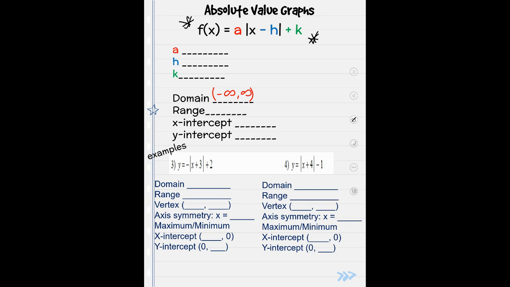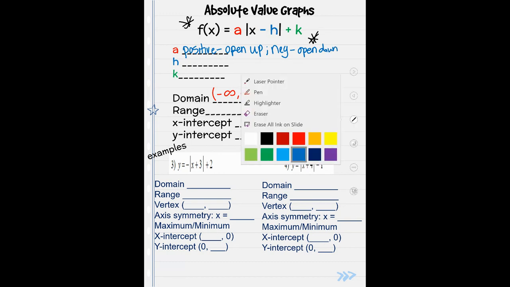So if A, whatever number is here, is a positive number, then it's going to open up. And if it's a negative number, then it's going to open down. And we'll look at what that means in just a second.